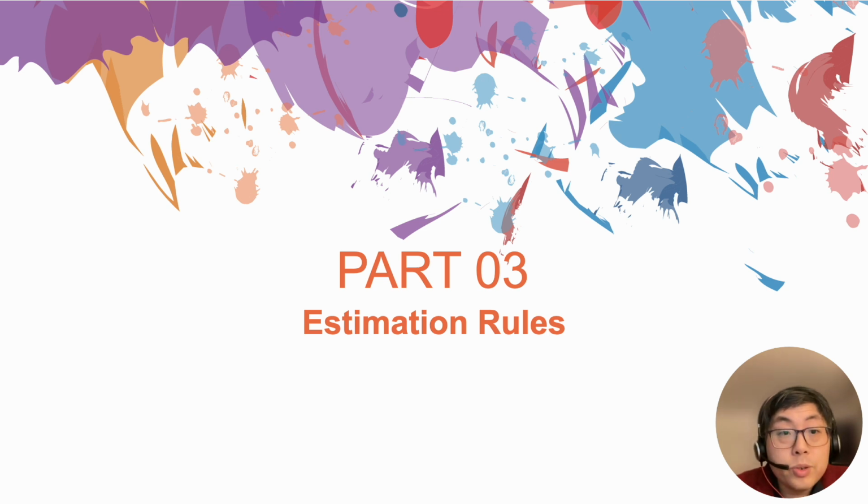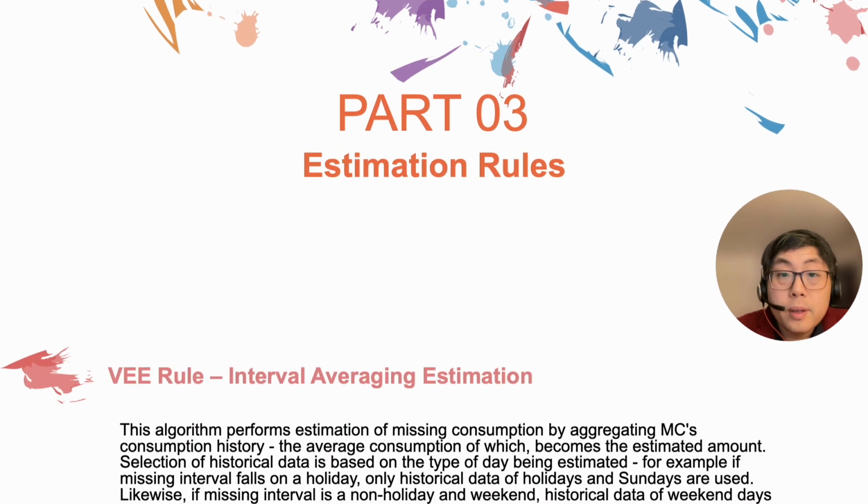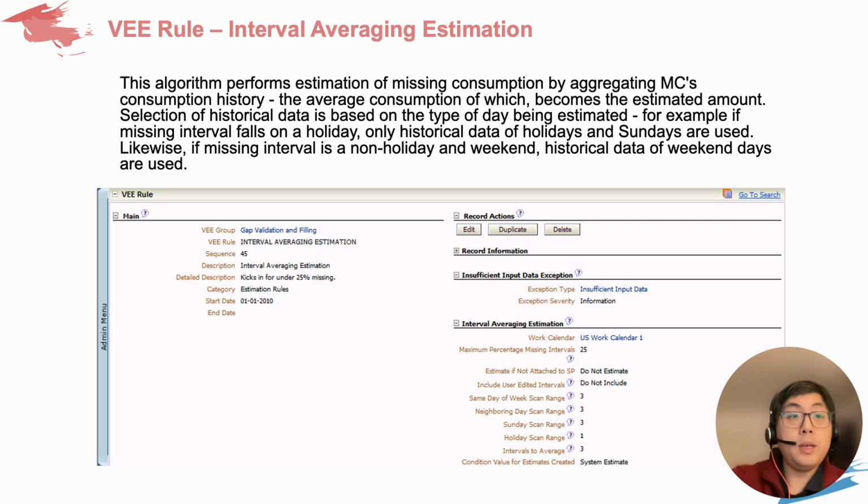Okay, let's go through the estimation rules. The first one is interval average estimation. Interval in the UK, if we always talk about half-hourly meters, means that every half hour we will have a consumption coming from the market, and every day we are having 48 values.